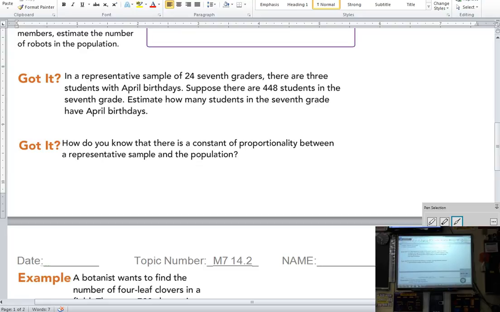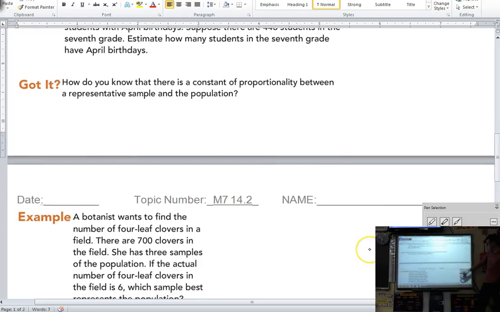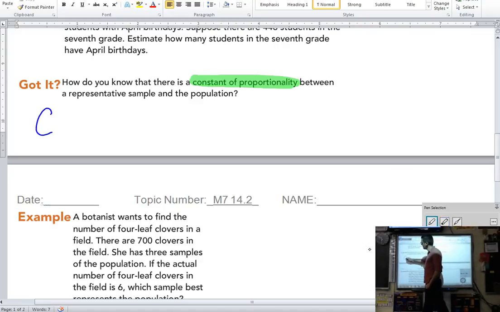How do we know that there's a constant of proportionality? Ooh, that big word that we haven't seen in a while. Constant, between a representative sample and a population. So we have to remember, how did we find our constant of proportionality?